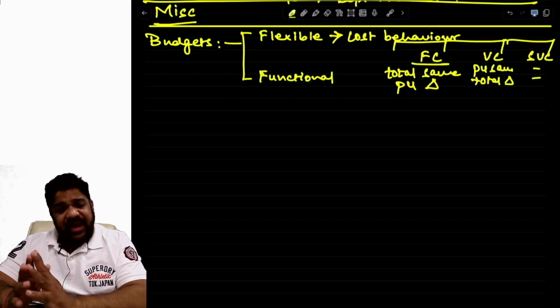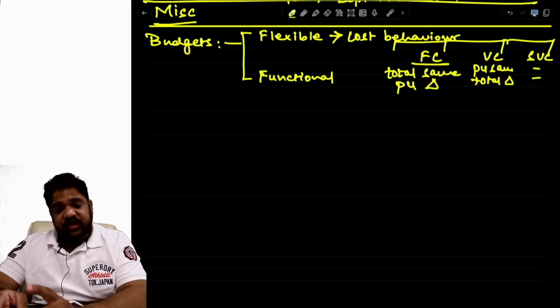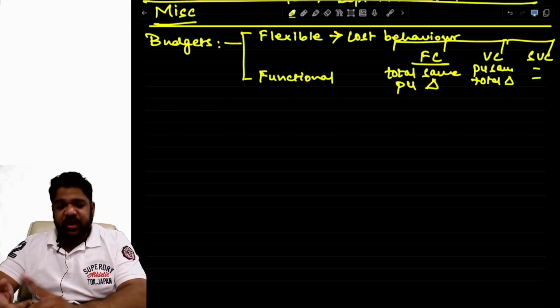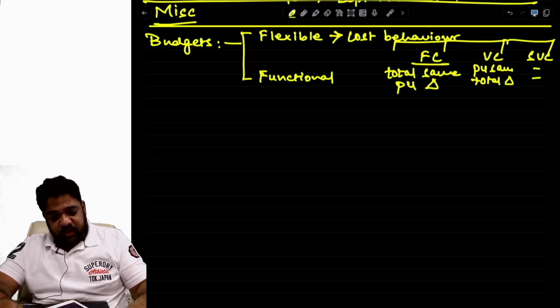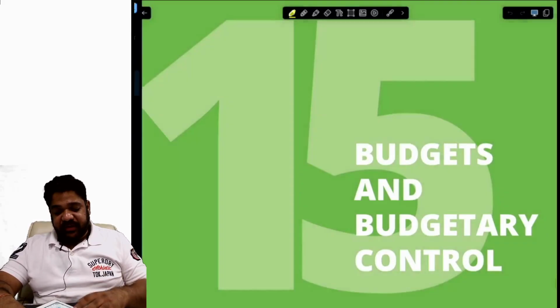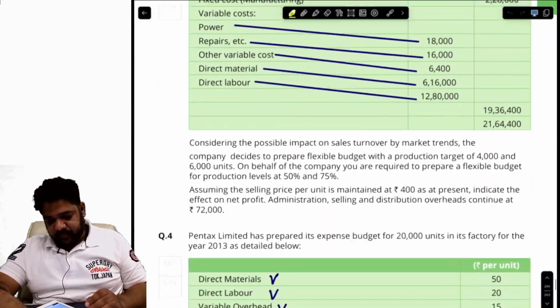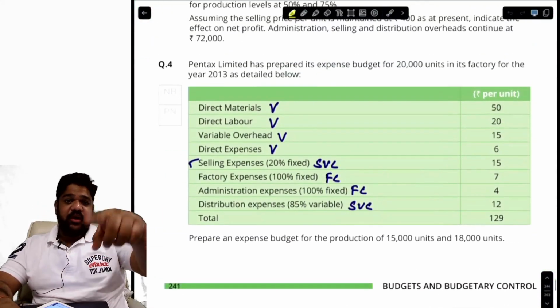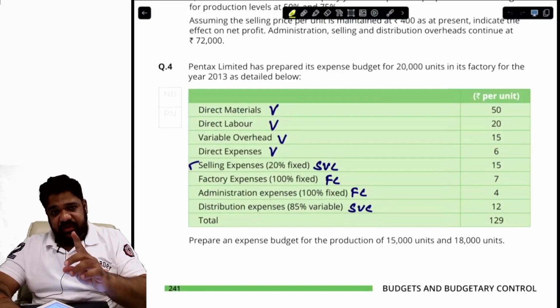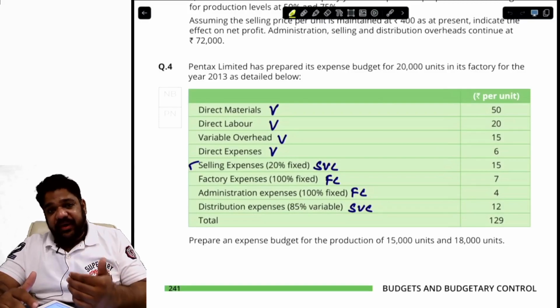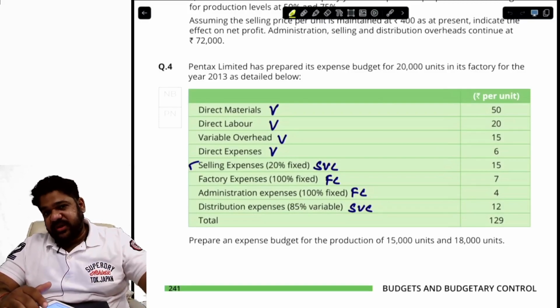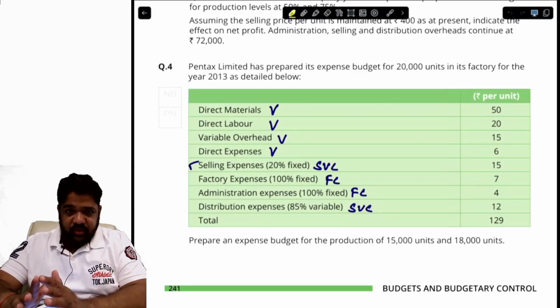Okay. Now we have two categories over here. The first category is where you have only one cost at one level. I'll give you an example for that. Like over here, you have only one cost at one level. When this is the case, you determine whether a cost is fixed, variable or semi-variable based on the name of the cost.